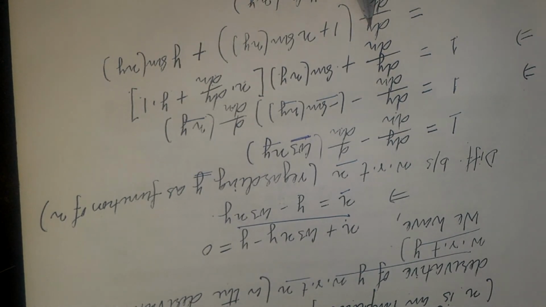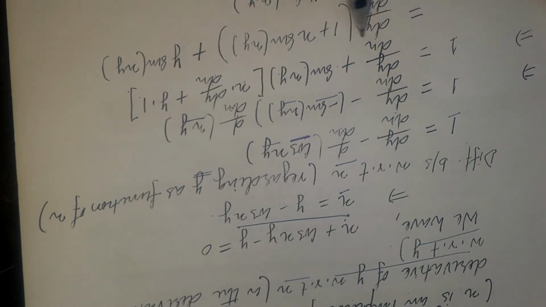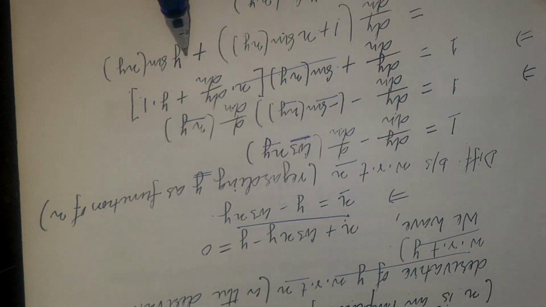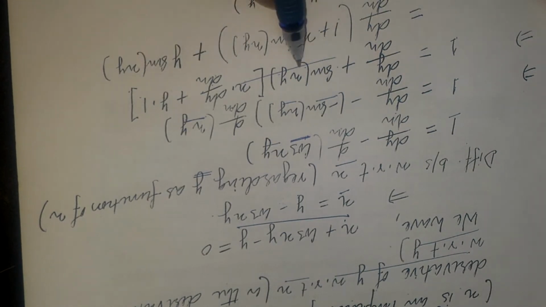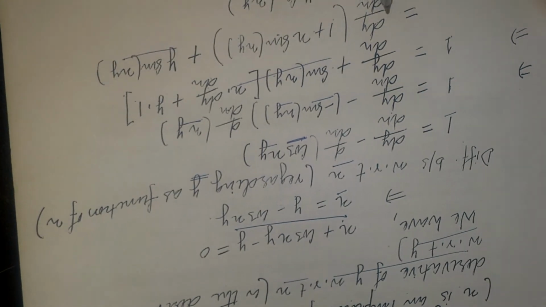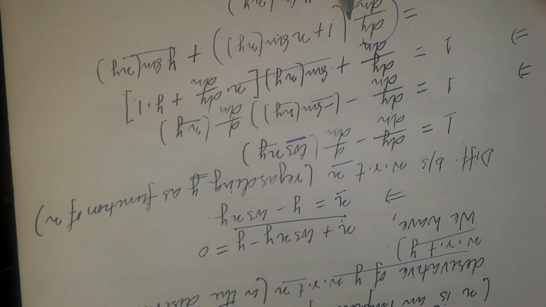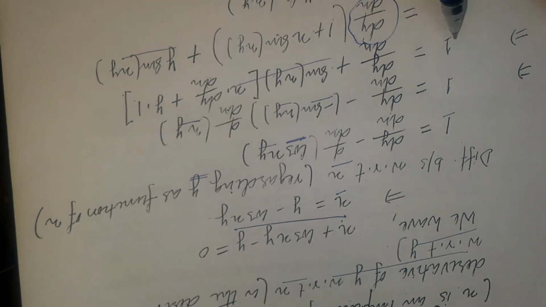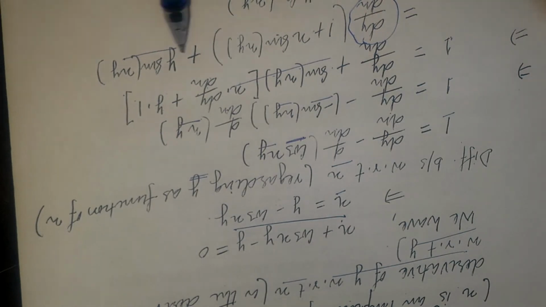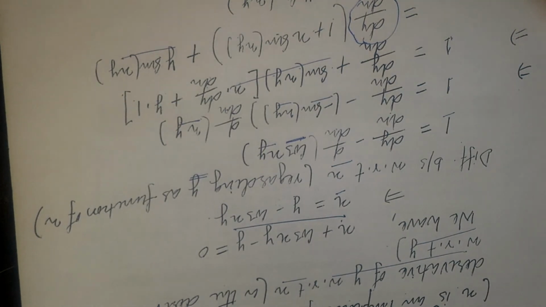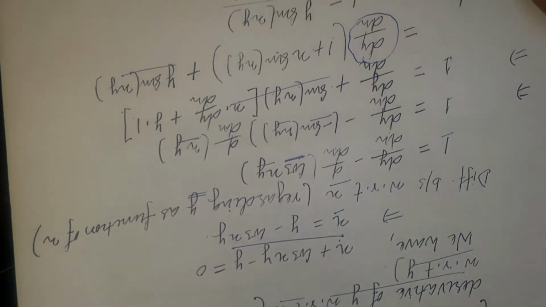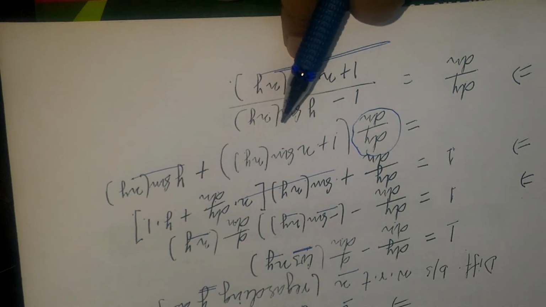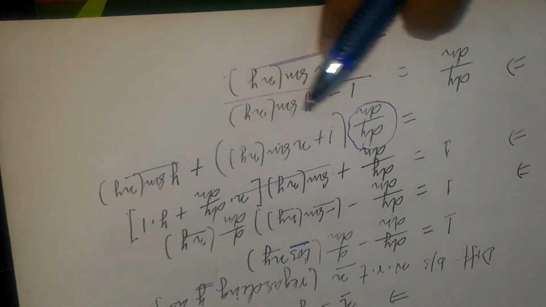So dy by dx, bring it together. So it is 1 here, and from here it is x sin xy, and then we have y into sin xy. So now we can find dy by dx. Take this on this side. So it becomes dy by dx equals 1 minus y sin xy upon 1 plus x sin xy. So this is how we find the derivative of an implicit function.